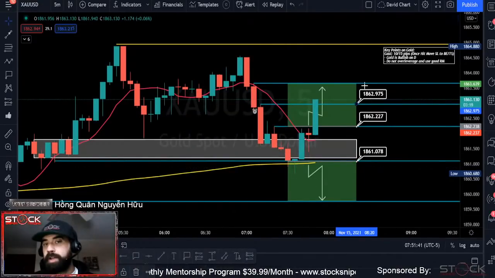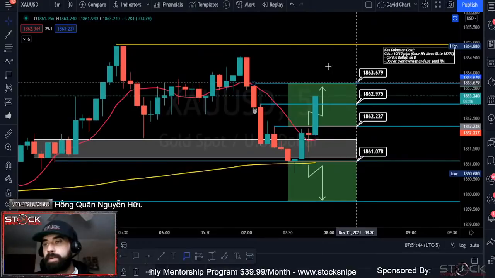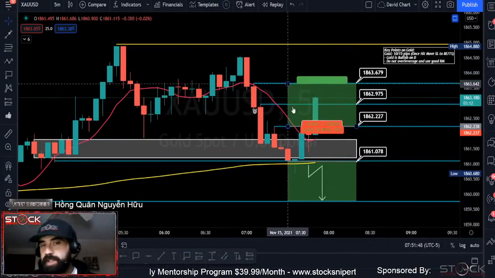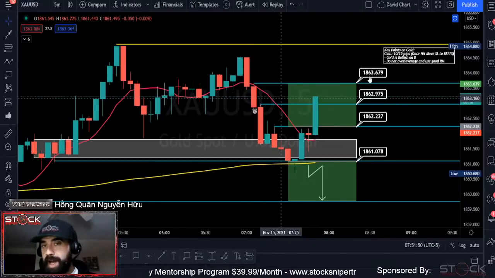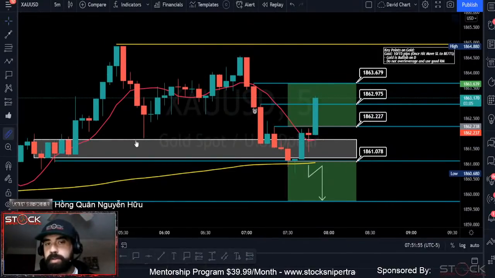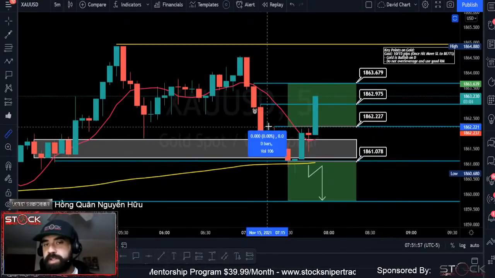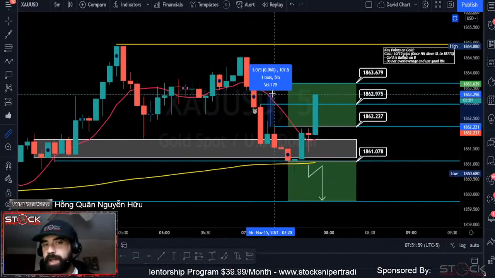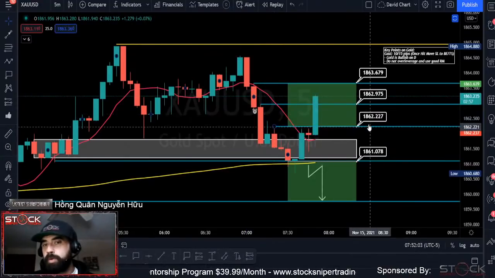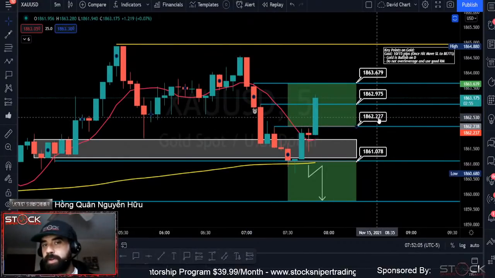Now we're running to the next TP. It's following the exact procedure, exactly what we talked about. At 1863, guys, look at taking some partials. The last thing you want is for price to start to work back down. What you're looking at right now is 10 pips currently on gold from 1862.22.